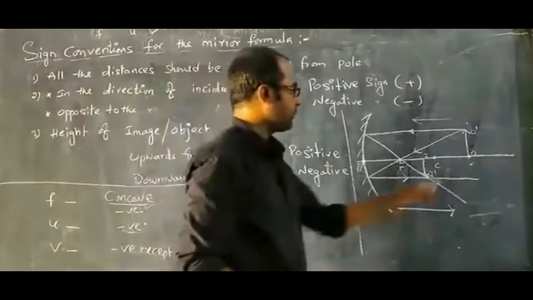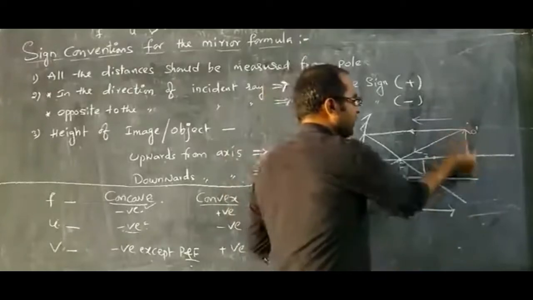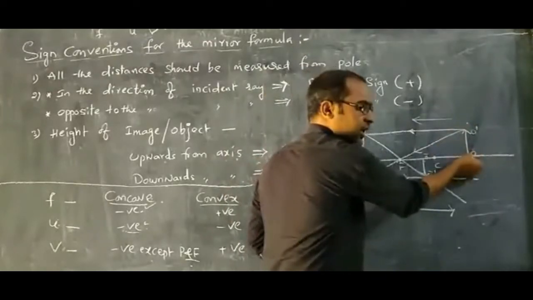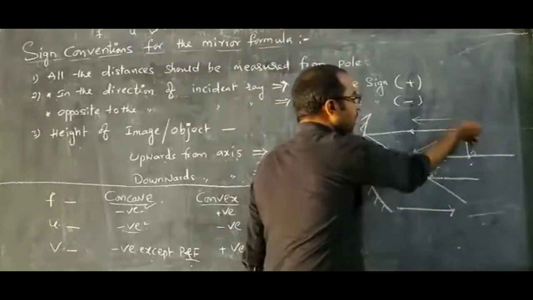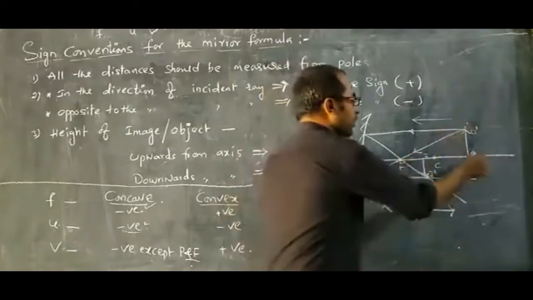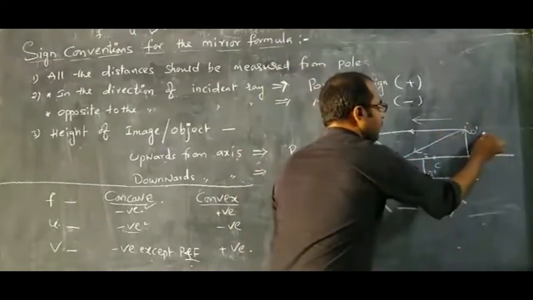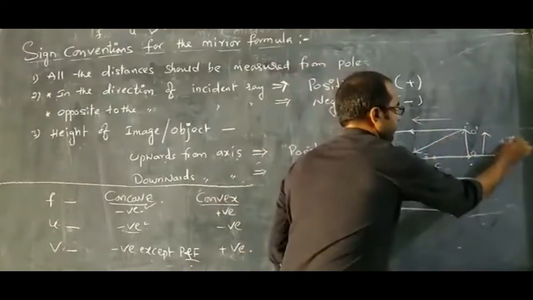Let's see. Height: we don't start from O dash to O; we should start from the principal axis to the height of the object. From the principal axis upward, that should be taken positive.